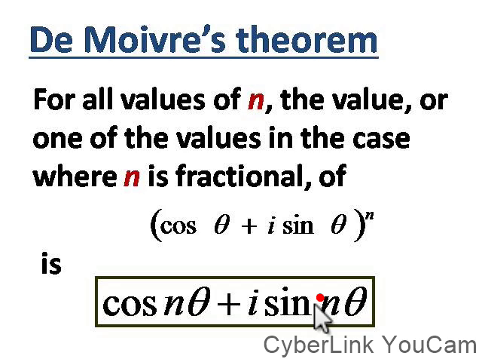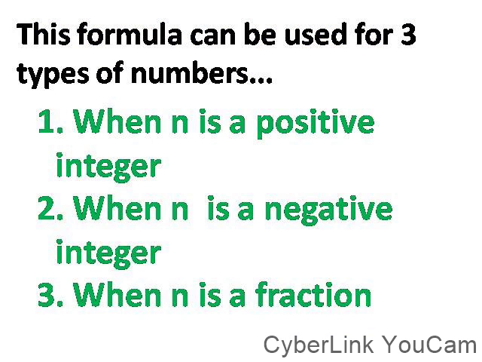That means sine is an odd function, so the minus comes out, and cos is an even function, so this expression becomes cos of n theta minus iota sin n theta. This is what happens when n is negative, and when n is a fraction, the same equation is possible. Okay, now which type of question can be asked?